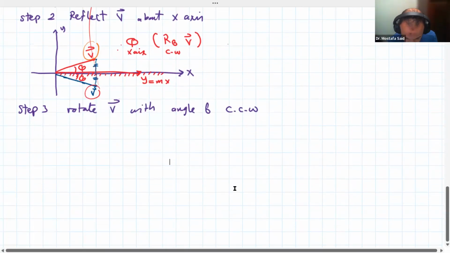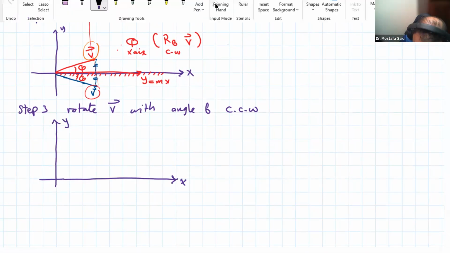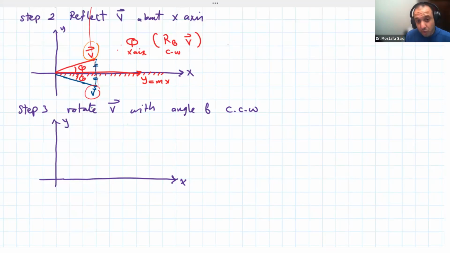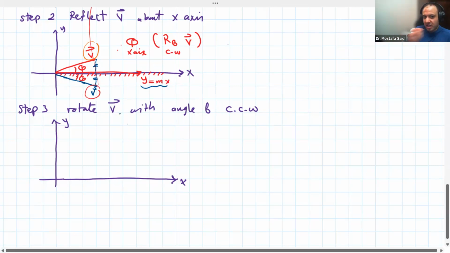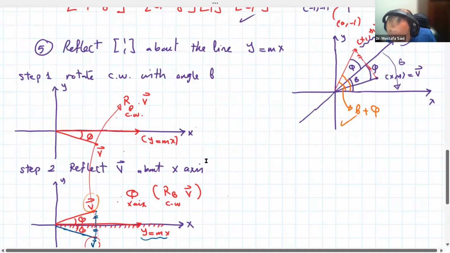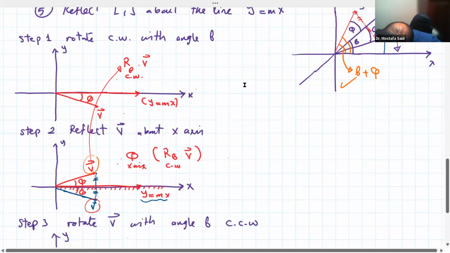Okay, so that's basically the axes, x and y. Let's do both y equal to mx and v. So y equals mx now coincides with, lies over, the x-axis. So it goes up with angle theta. It will go basically to its original position. Its original position has an angle theta here. Right? This is angle theta.